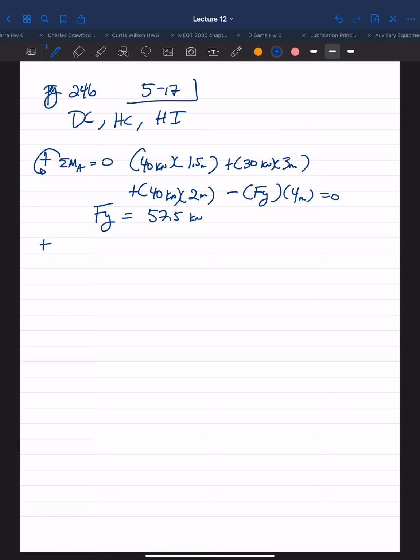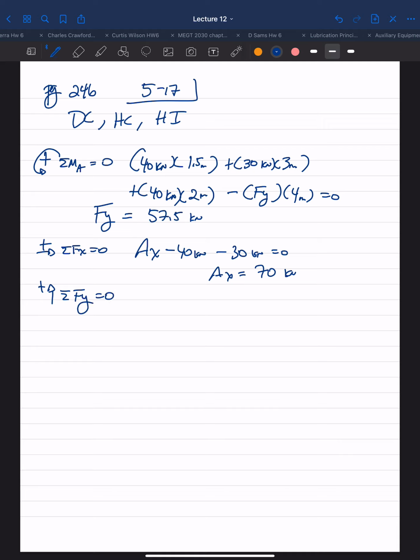Sum of my forces, X direction. You have AX minus 40 kilonewtons minus 30 kilonewtons equals 0. AX is 70 kilonewtons.